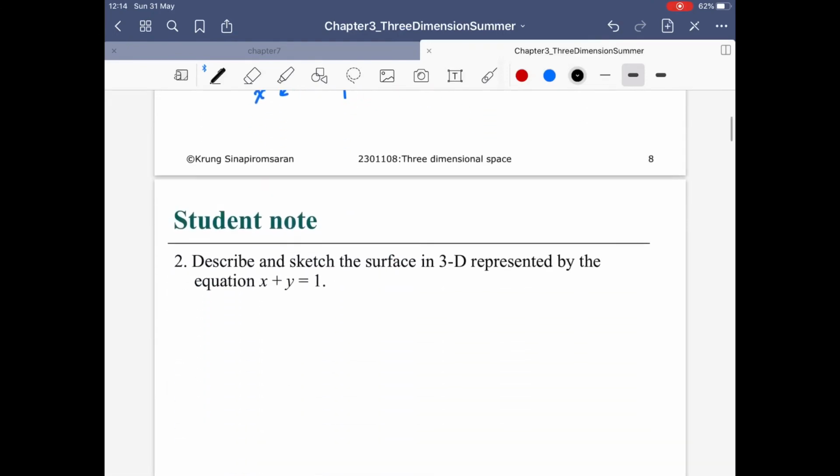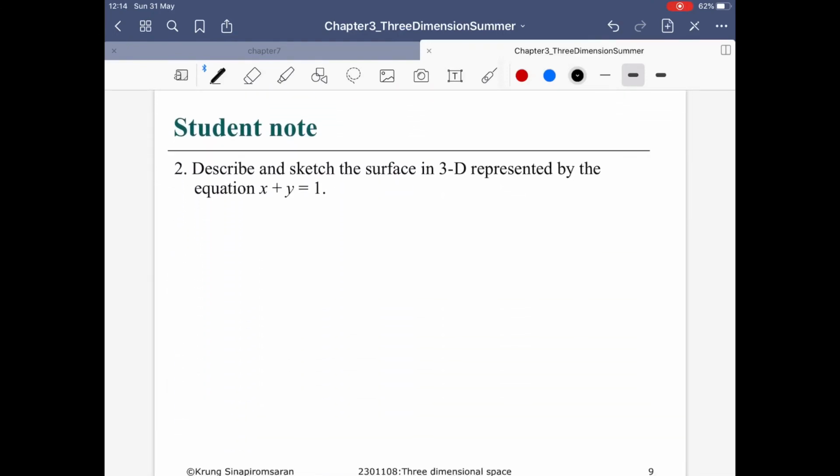Okay, how about this one? If we need to sketch the surface which is represented by this equation. Actually, later on you are going to know that this surface is called a plane. Okay, so the plane is just a straight sheet of paper, has no curve.